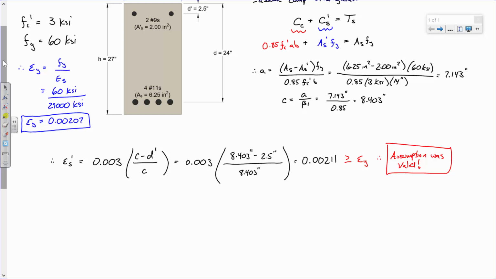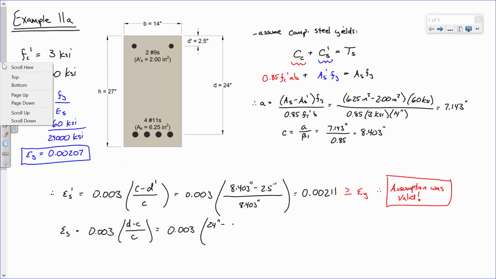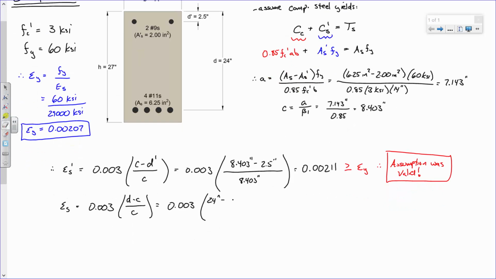Now, since I'm feeling happy about all these strain calculations, let's do another one. Let's compute the strain in the bottom. And so that's 0.003, and this is the one that you're most comfortable with, (d minus c) over c. 0.003 times 24 inches minus 8.403, divided by 8.403.